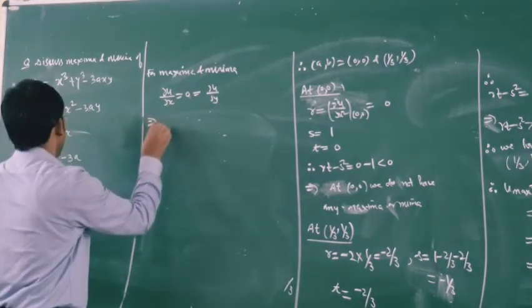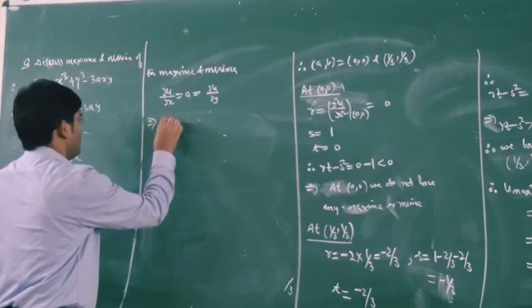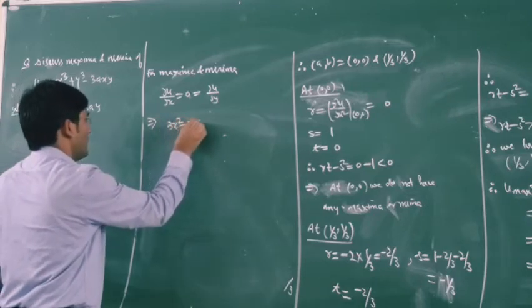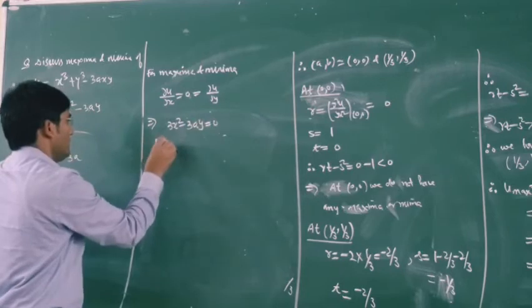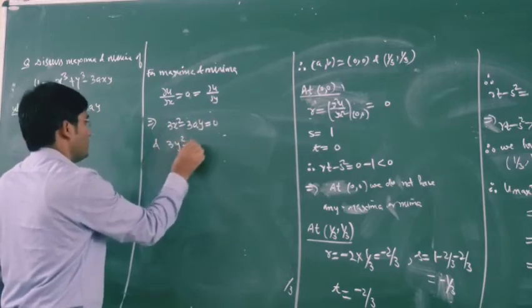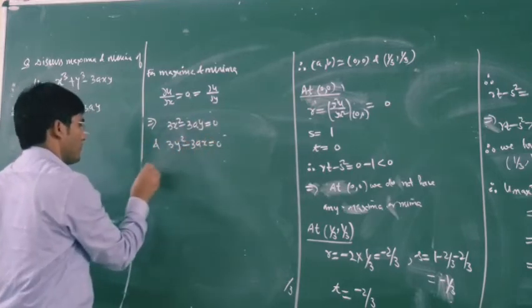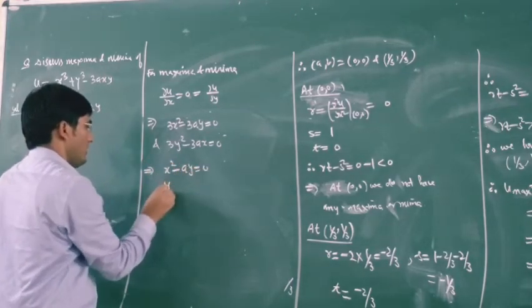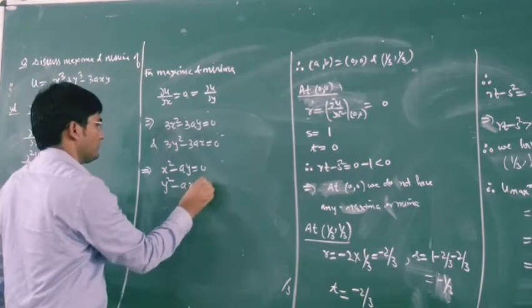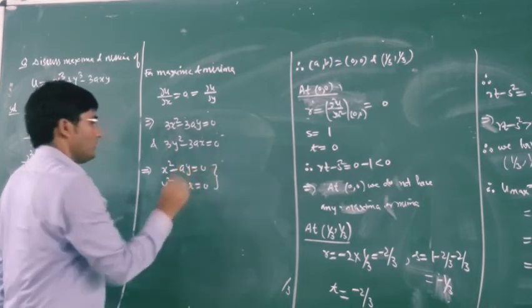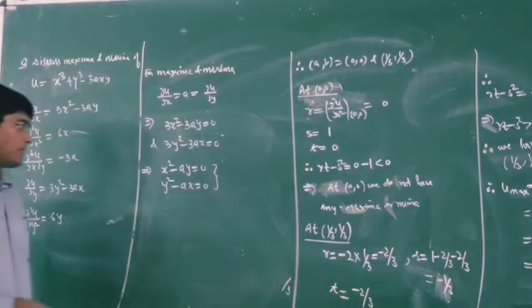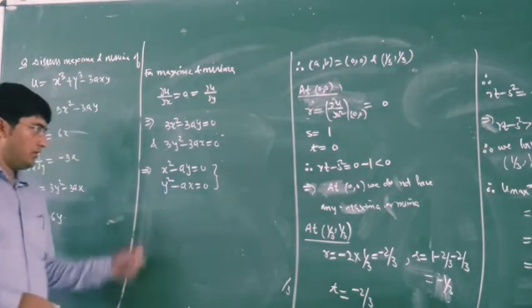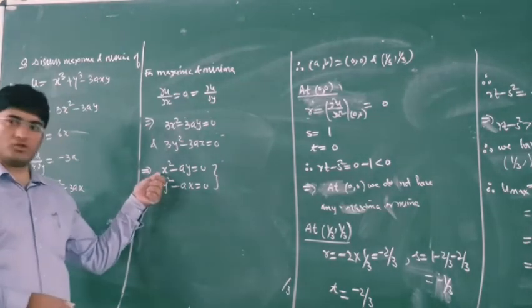So from here we have 3x square minus 3ay equal to 0, and 3y square minus 3ax equal to 0. So on solving these two equations, we will get x square minus ay equal to 0 and y square minus ax equal to 0. Now these are the equations. Let us multiply the first equation by x.